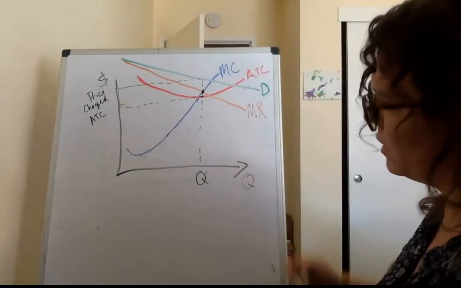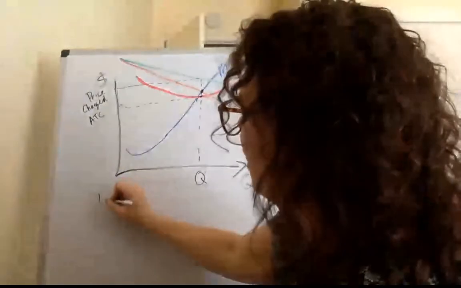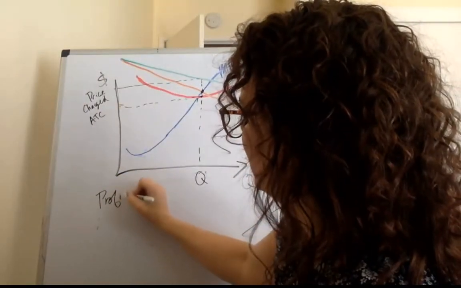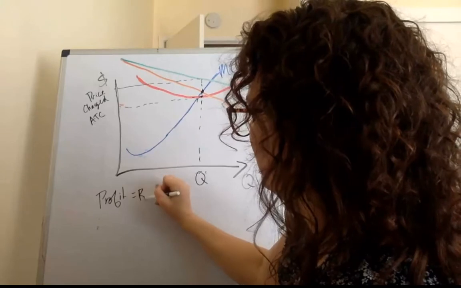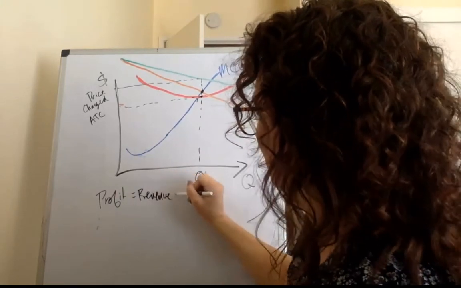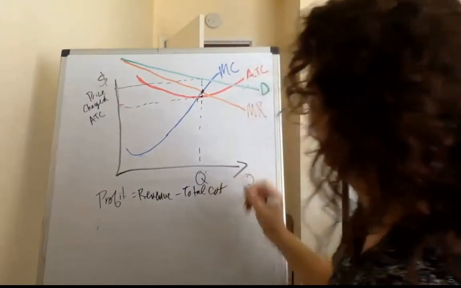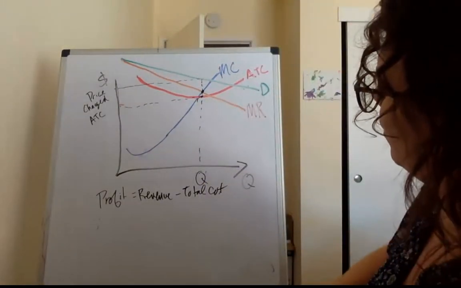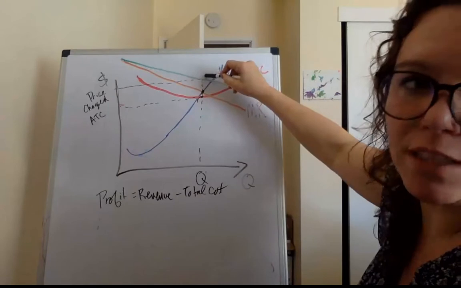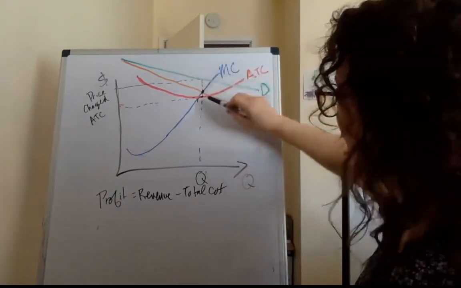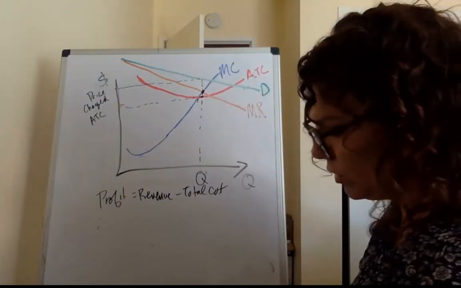What that means is now when I want to calculate profits, remember profit is going to be revenue minus total cost. So I'm going to be earning revenue based on the price I'm charging, and my average total cost is going to be how much it costs me to produce every unit.